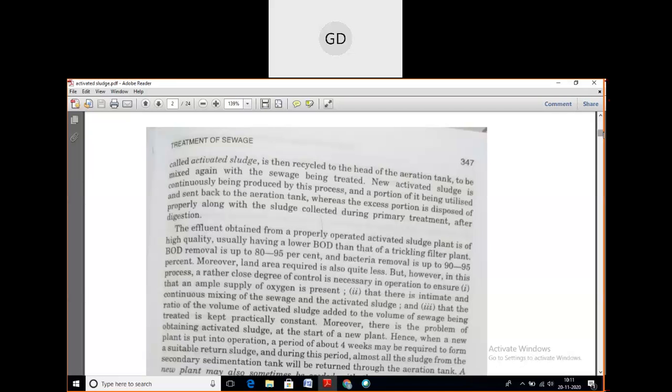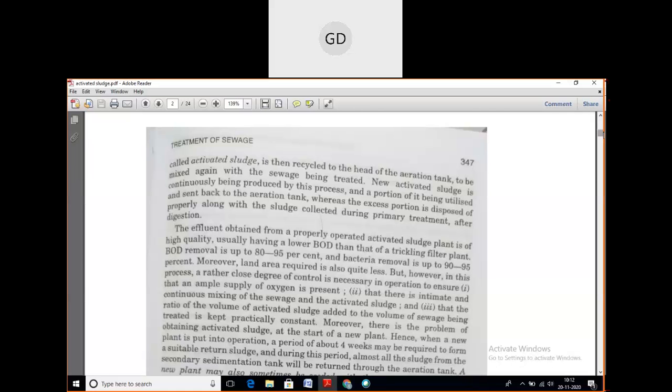In this process, some operations are necessary. As it is written here, a rather close degree of control is necessary in operation to ensure an ample supply of oxygen, because this treatment process is done only in the presence of oxygen, and that there is intimate and continuous mixing of the sewage and the activated sludge.